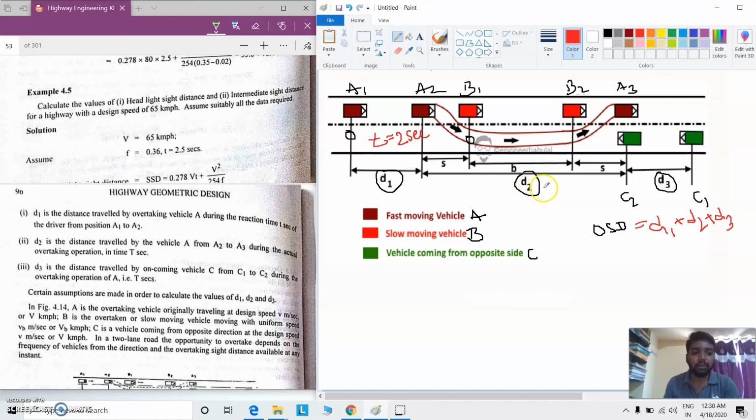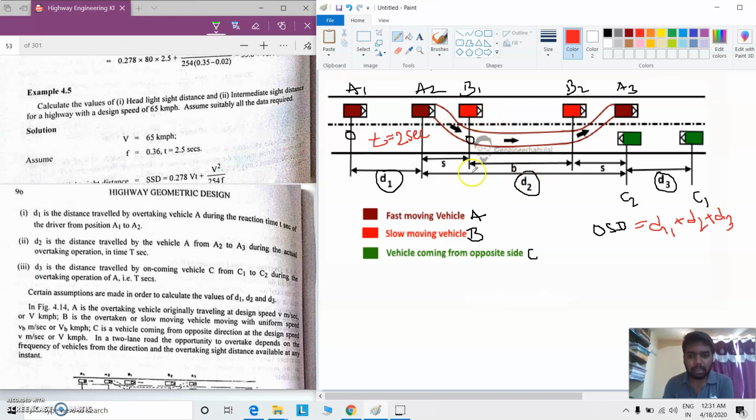The distance d2 is the distance traveled by the vehicle from position A2 to A3 during the actual overtaking operation. In this operation, the vehicle acceleration is considered, the gradient of the road is considered, the skill of the driver is considered, and the speed of the slow moving vehicle is also considered.